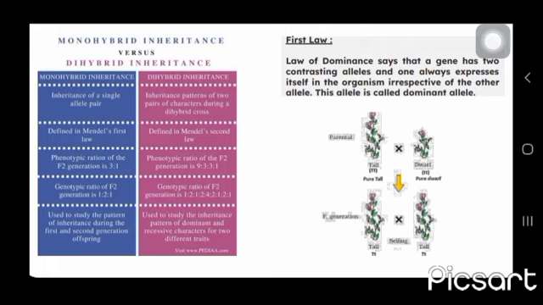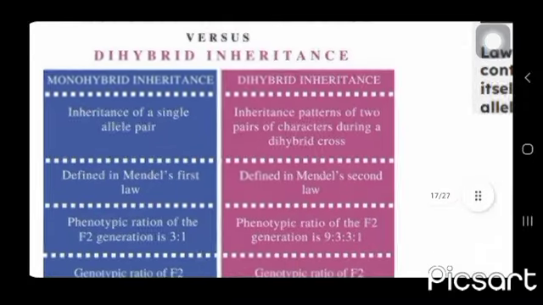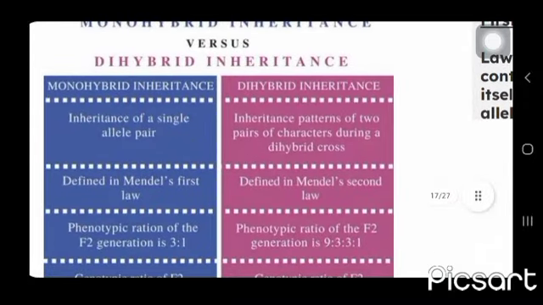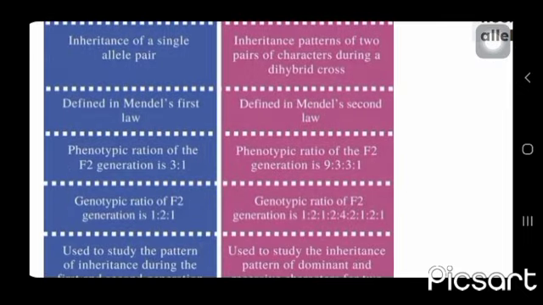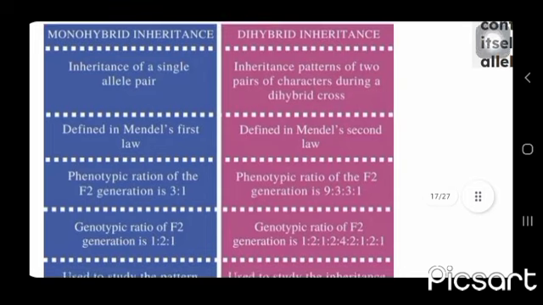Now first let's see the difference between monohybrid inheritance and dihybrid inheritance. Monohybrid inheritance is the inheritance of a single allele pair, whereas dihybrid inheritance is the inheritance pattern of two pairs of characteristics during a dihybrid cross. Monohybrid inheritance is defined in Mendel's first law, and dihybrid inheritance is defined in Mendel's second law.